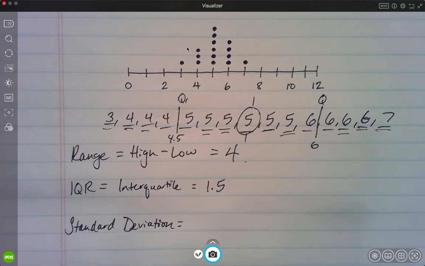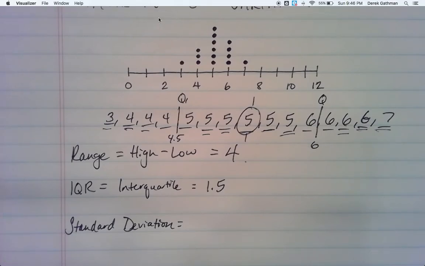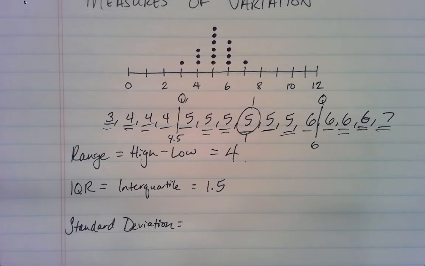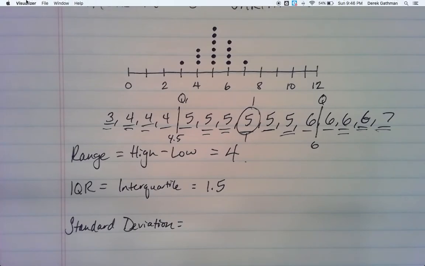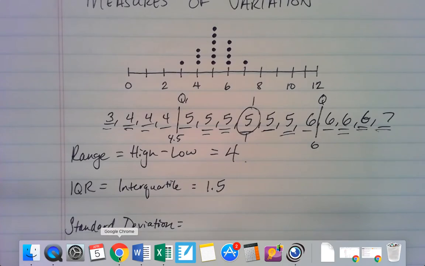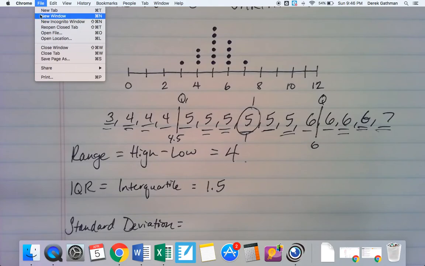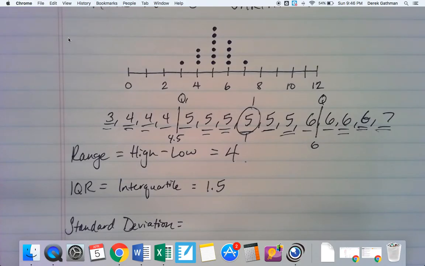There is a long process we could do by hand, but I'm going to take you to a website, if I can figure this out. We're going to use the website to calculate that.